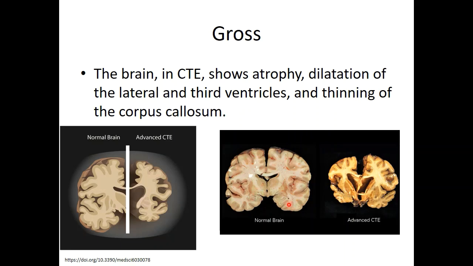If we see the autopsy of such a brain, we see characteristic dilatation of the ventricles, atrophy of the brain as a whole, and a characteristic thinning of the corpus callosum.